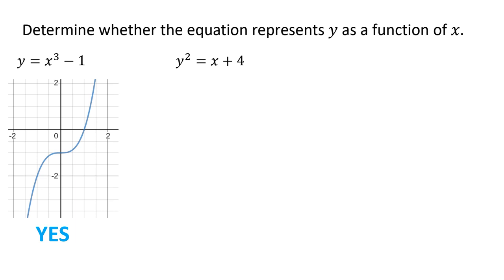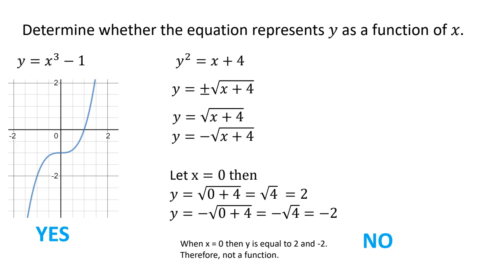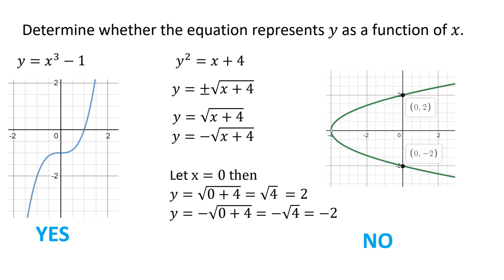Now, what about this one? This one has y squared is equal to x plus 4. If I were to graph this, I would see that I have a parabola, but it's on its side, right? If I do my vertical line test, I would see that my graph would fail.